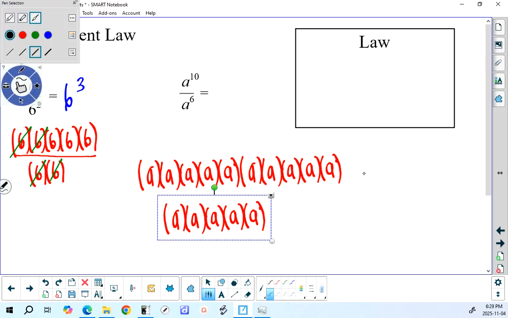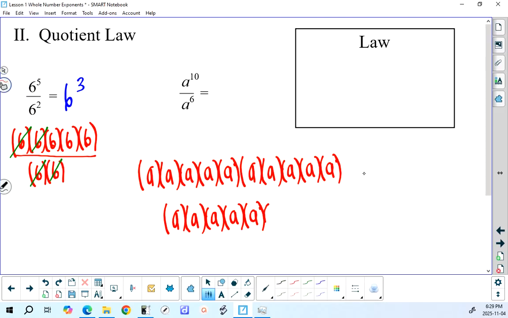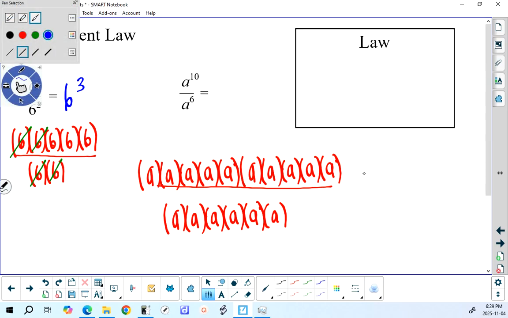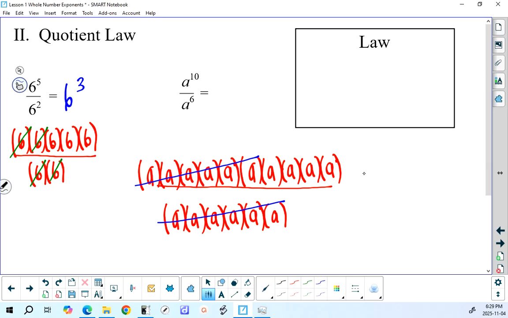And if you want to take a minute and count all of my a's on the top of this and all of my a's on the bottom, you'll discover there are 6 on the bottom and 10 on the top. Basically, all 6 of these on the bottom cancel with 6 of these on the top, and what we are left with is only 4 on the top, so we're left with a raised to the exponent of 4.